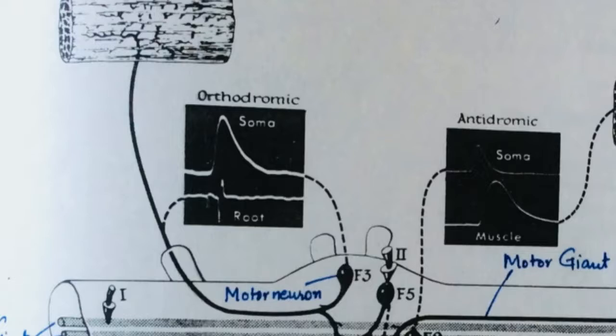Soma refers to the voltages present inside the F3 motor neuron. So if you give an impulse at level 1, there will be a voltage produced in the F3 soma, and the second voltage is present in the root of the flexor muscle, or the root of the third ganglion. That is the orthodromic shift in the case of the first impulse response.